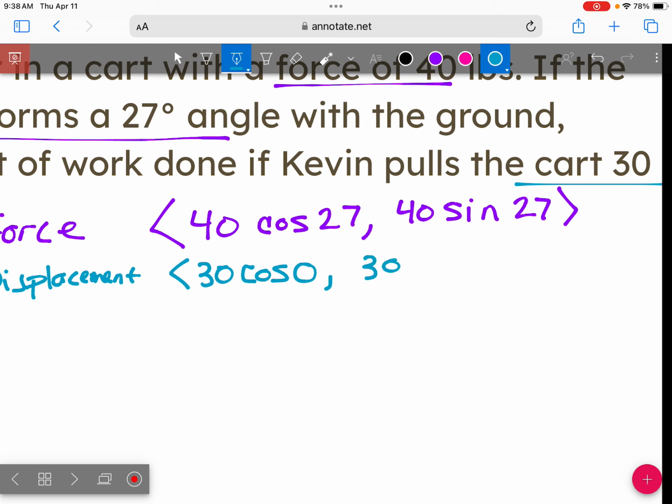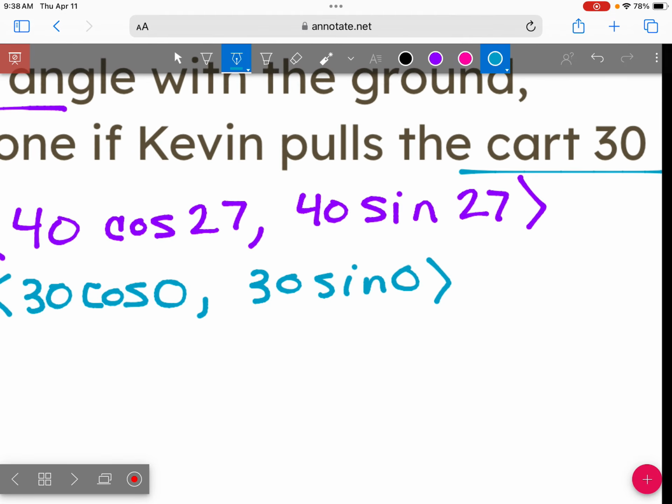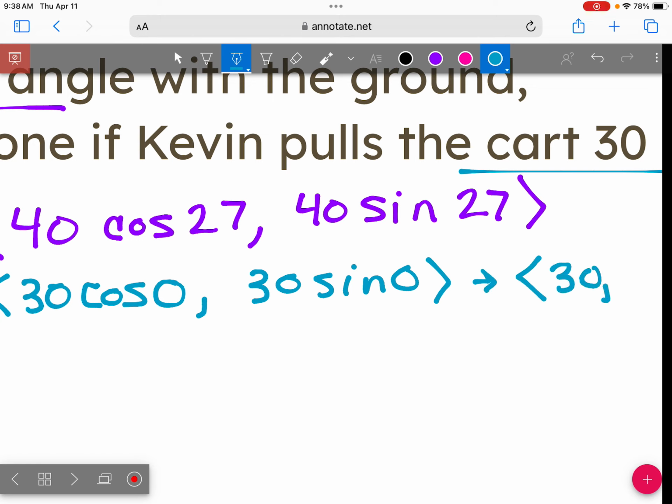And 30 sine of 0. I heard it. It was whispered, but I heard it. Which, again, we can rewrite that because we know cosine of 0 is 1, and we know sine of 0 is 0. So this is the same thing as the vector 30, 0, because we can simplify our cosine of 0 and our sine of 0, just so that we don't have to write as much when we're doing our dot product.